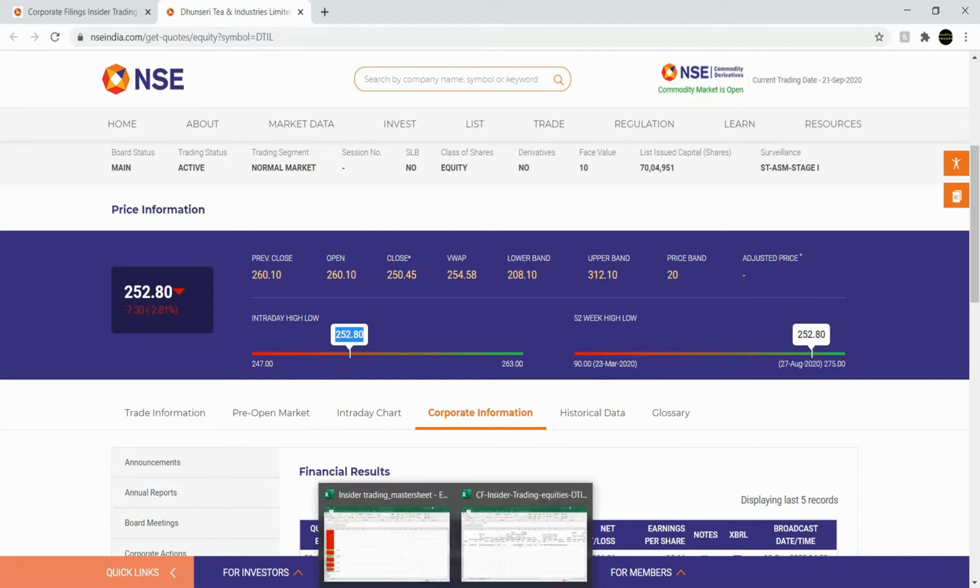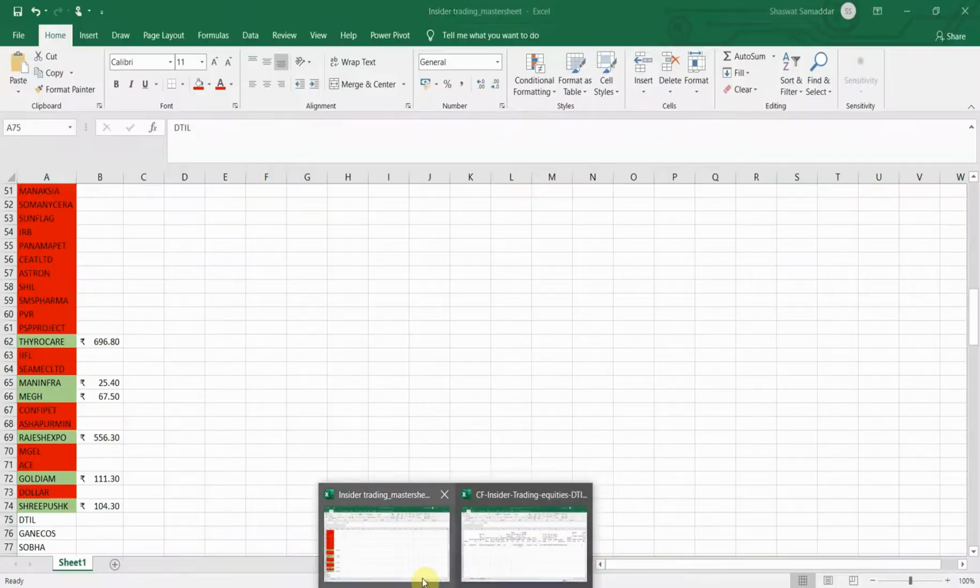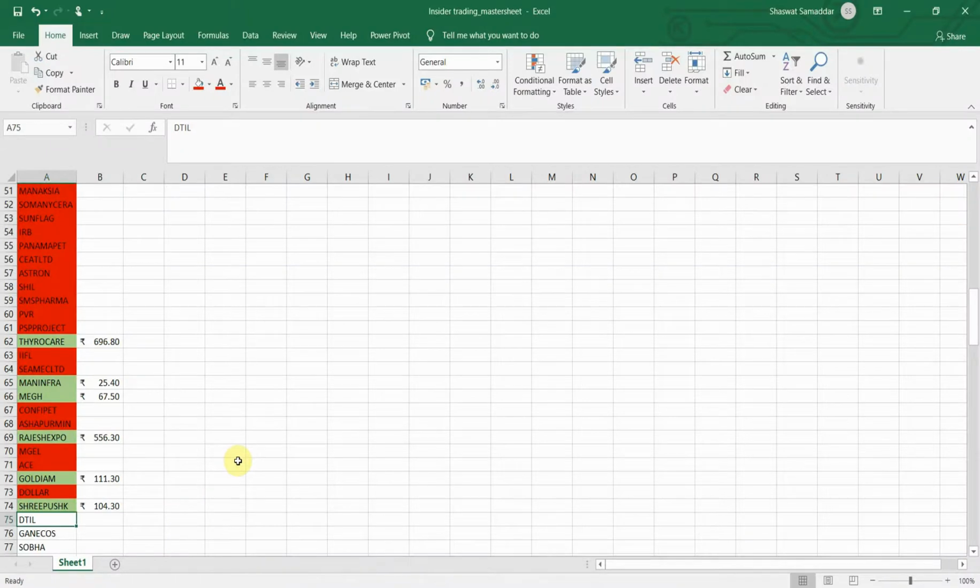So you can easily calculate whether it falls in the range of plus minus 3% or not. If it falls in the plus minus 3%, then you can quickly add it into your swing trading watch list, and then check the average traded volume of this stock.